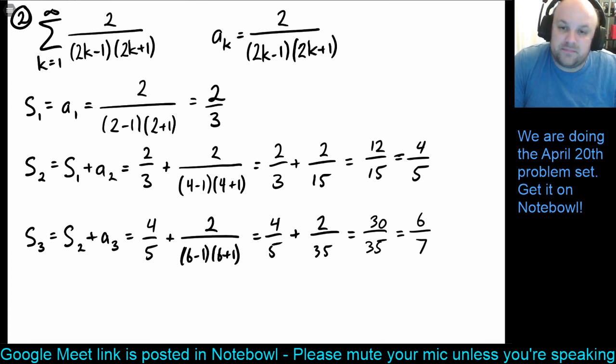Look at the bottoms of these fractions and see how those are changing. Another few seconds to see if you can come up with a guess there. And then we'll do the next term so you can see if you're right.